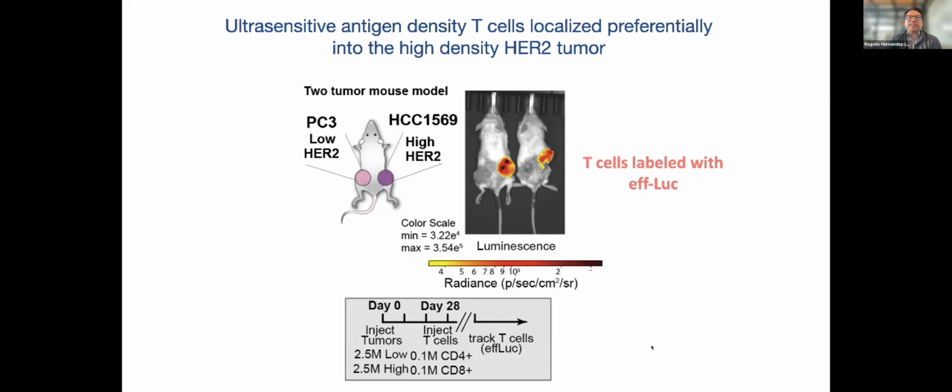You will find that the T cells are mostly localized within the high HER2 tumors. So again, this is consistent with the in vitro data that I showed you, where the T cells primarily find the cells that express high levels of HER2 and then proliferate within that context.